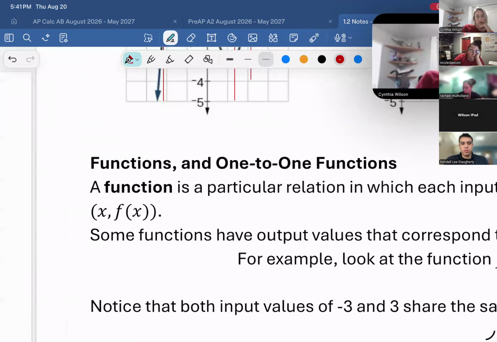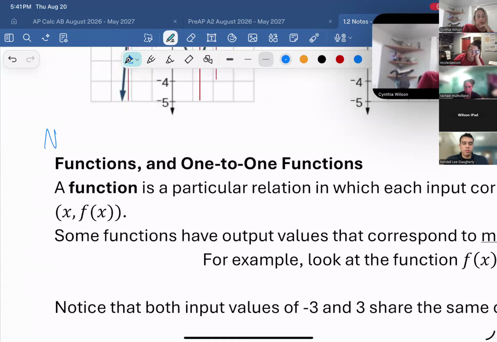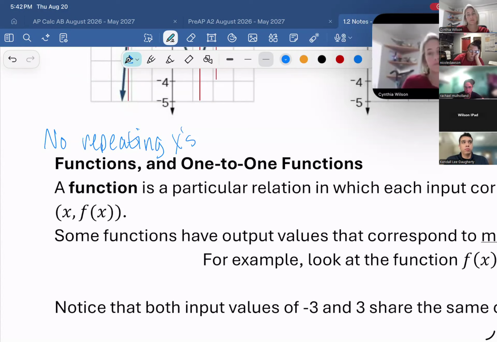A function has no repeating x's. One-to-one has no repeating x's and no repeating y's.